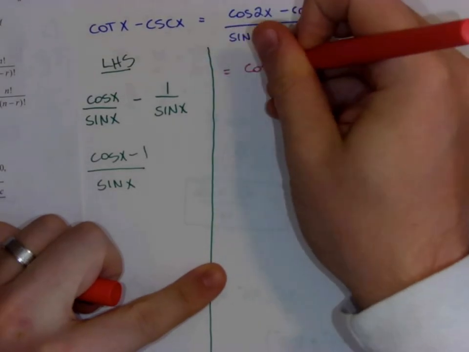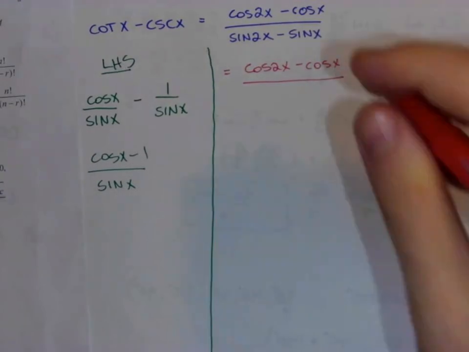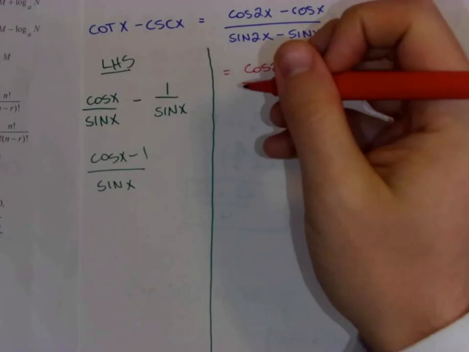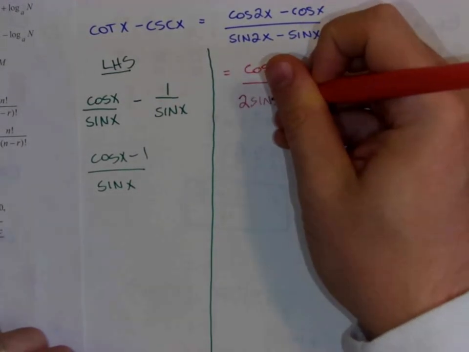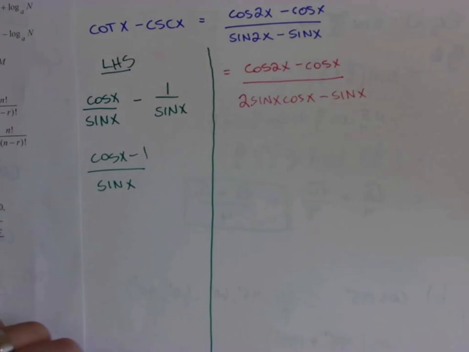So I'm going to leave that, because I don't know which one I should choose just yet, but sine only has 1 option. So that makes our life a little easier, because I'm just going to plug that directly in. I get 2 sine x cos x minus sine x.